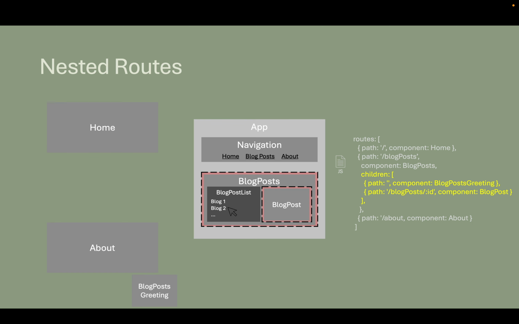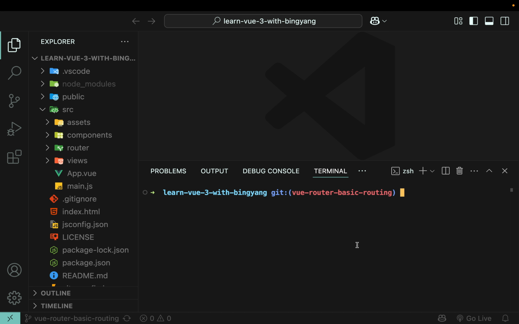Let's go ahead and implement them. Let's go to VS Code. First, let me create a new Git branch from the previous Git branch. Please note, right now I'm on branch view router basic routing, which is the branch from the previous video. So git branch. And let's call this new branch view router nested routes dynamic route matching.